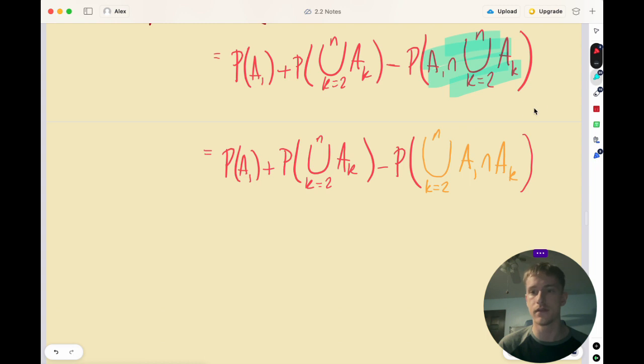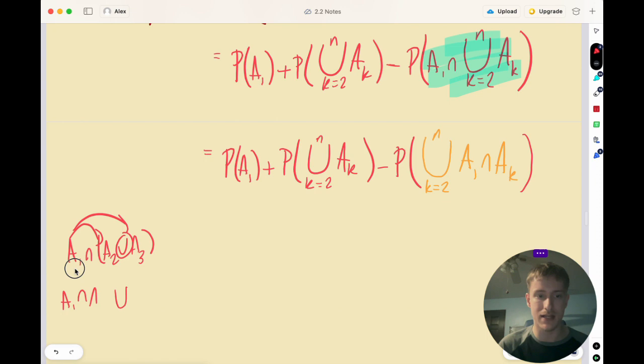That's what it means. So anytime you have this union, essentially it distributes in. So if I have A1 intersect with A2 union A3, then I still have this union structure, but this distributes to each term, and I have A1 intersect A2 union A1 intersect A3.